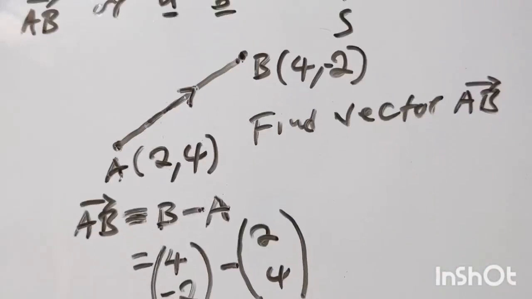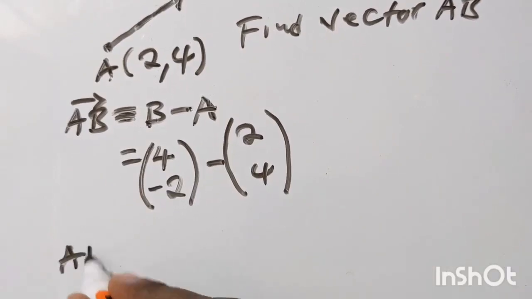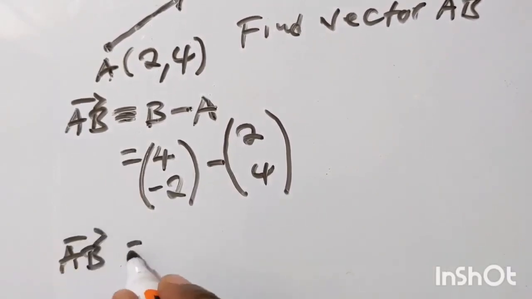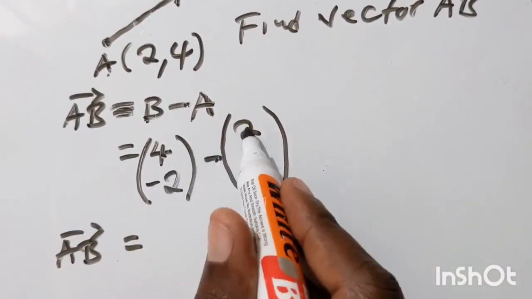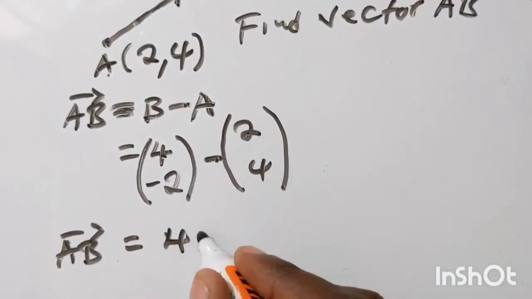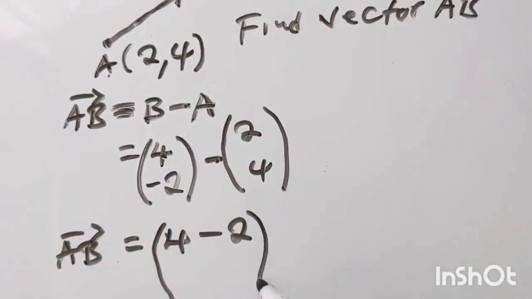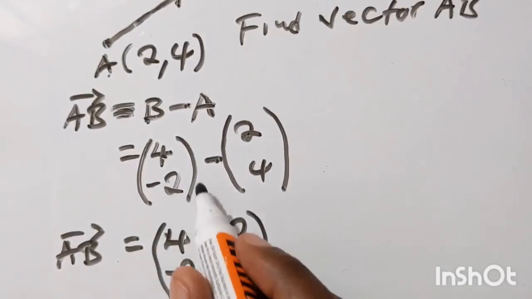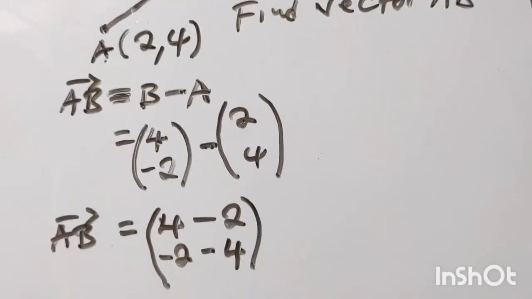From here, you need to subtract. So we say vector AB is equal to 4 minus 2. Then here there is negative 2, negative 2 minus 4 like that.